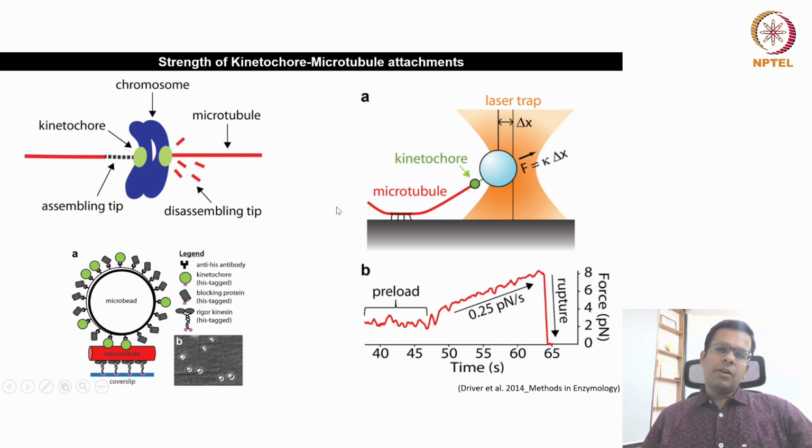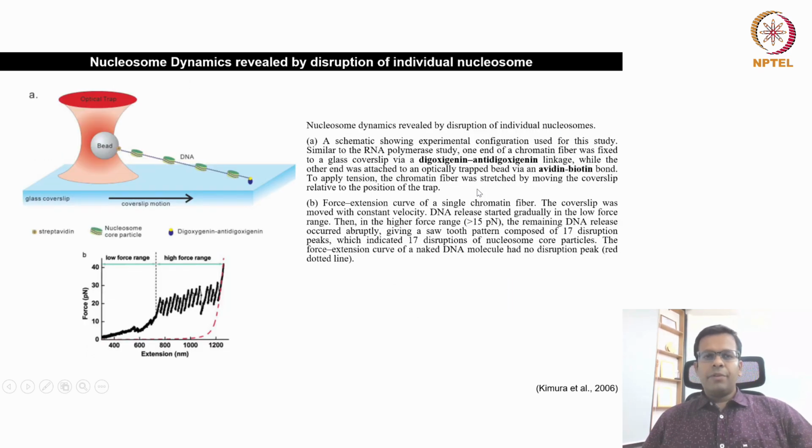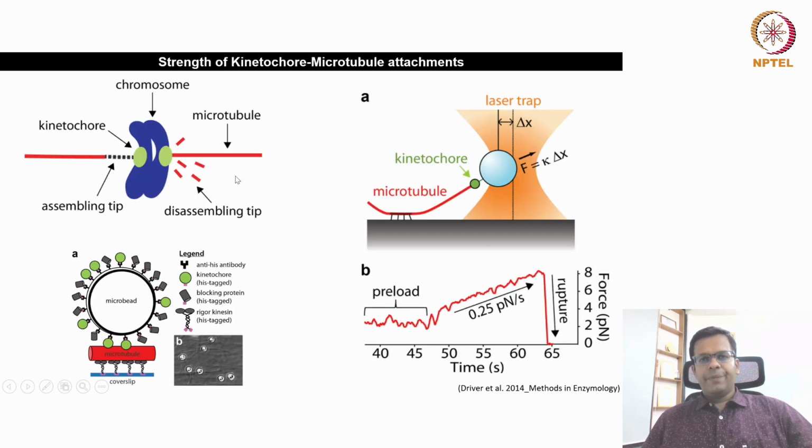Okay, so this is how you can quantify the force required to rupture this connection, or in the previous experiment you can measure how many nucleosomes are present on the DNA. So these are two major applications of optical tweezers: you can measure the biological forces and you can measure the step size of the biological processes.